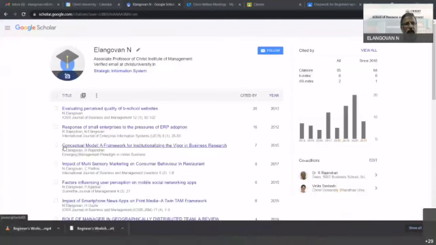You can see the paper, Conceptual Model: A Framework for Institutionalizing Rigor in Business Research. So this paper today has 7 citations, and the citations are increasing.